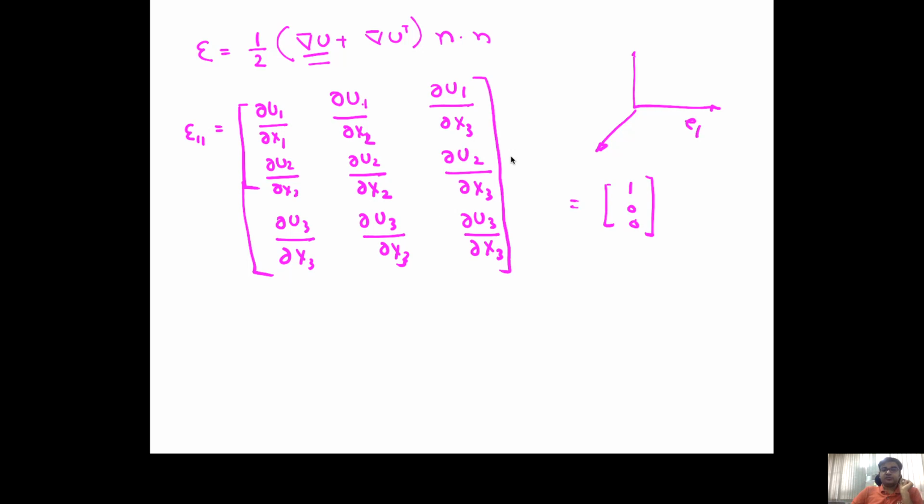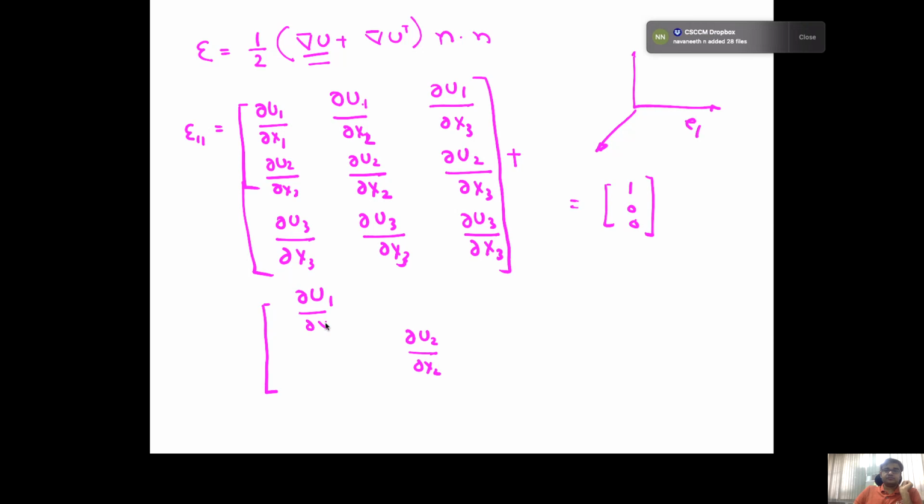So what is the transpose of this part? Let me write it down. In the transpose, the diagonals will be the same, and what we have here is del u3 by del x3. But the other things will change.